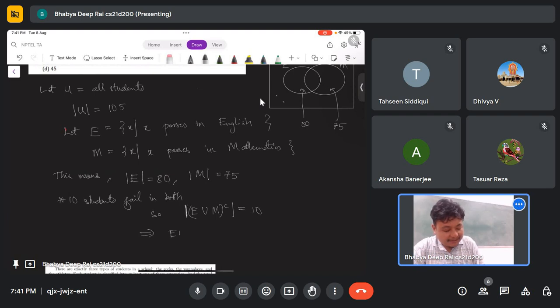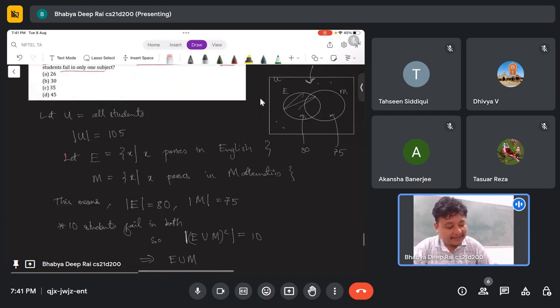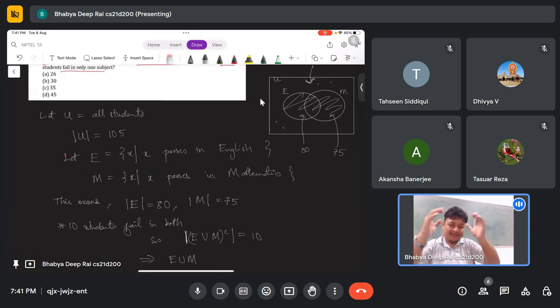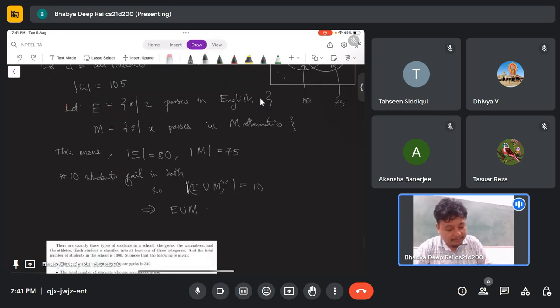This implies that E union M, what is the size of this? The size of this part is simply the universe minus the people sitting outside, by the definition of complement. Which implies size of E union M is nothing but size of universe minus the size of (E union M) whole complement.